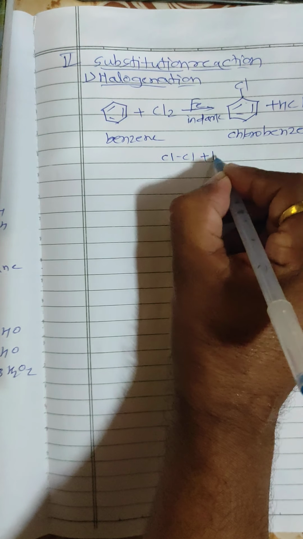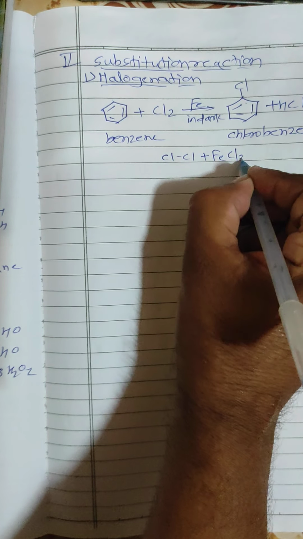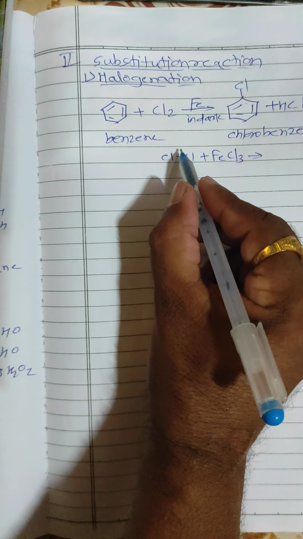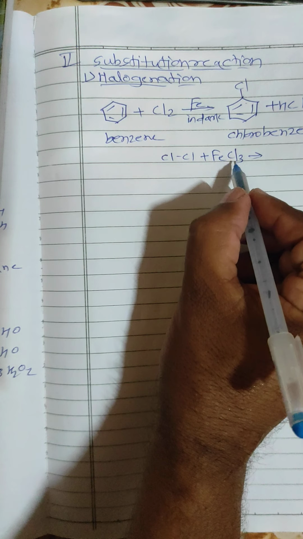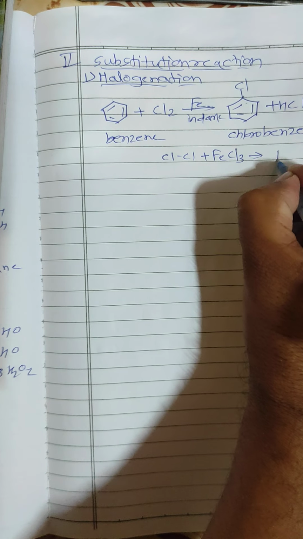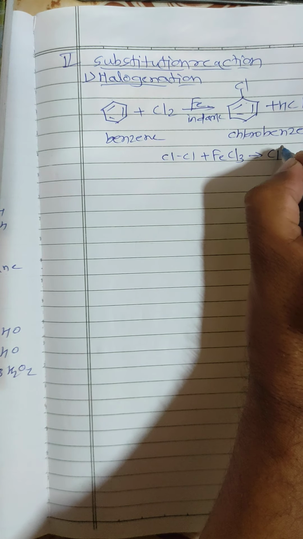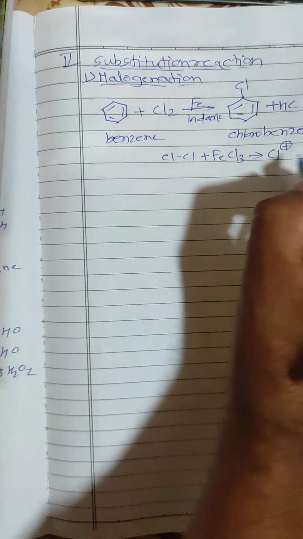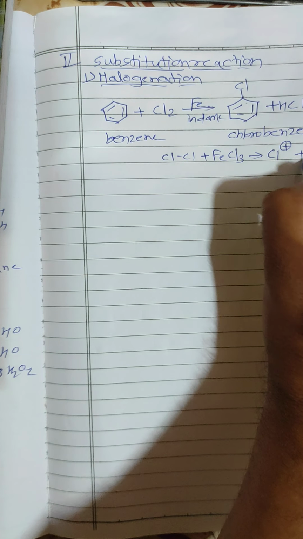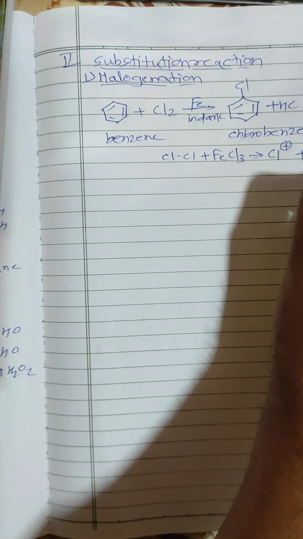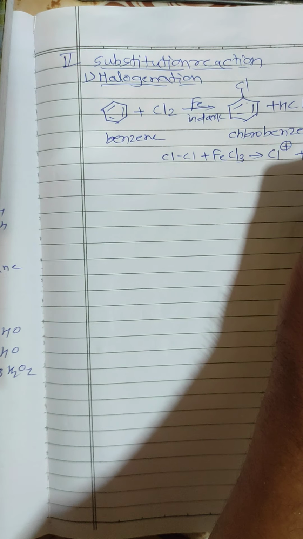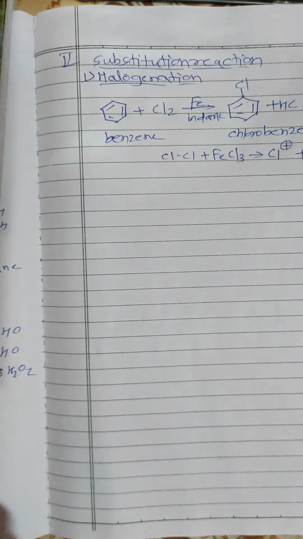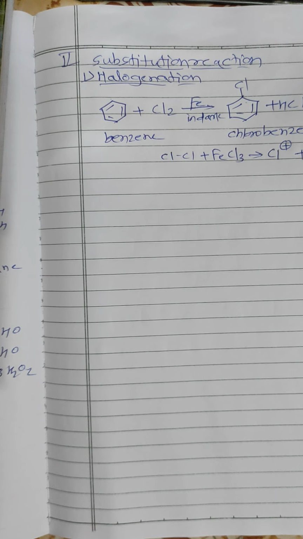The bond breaks and Cl is added here to form Cl plus, the chloronium ion, after losing an electron, plus FeCl4 minus. So this is the chlorination of benzene.